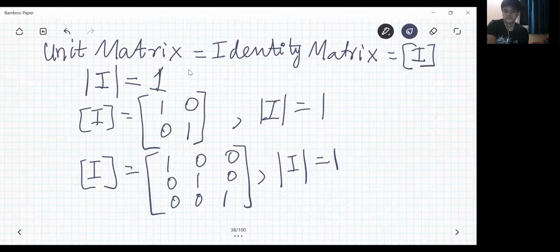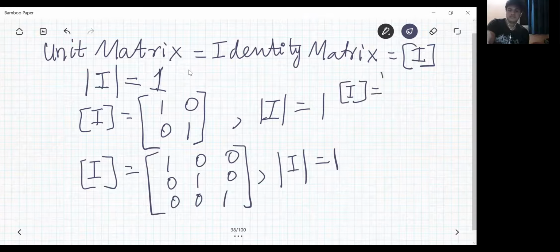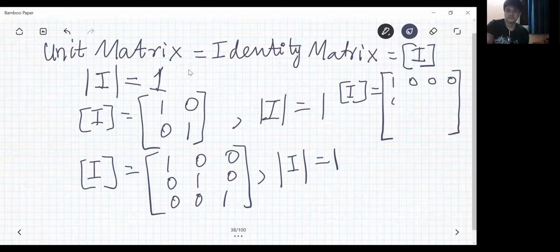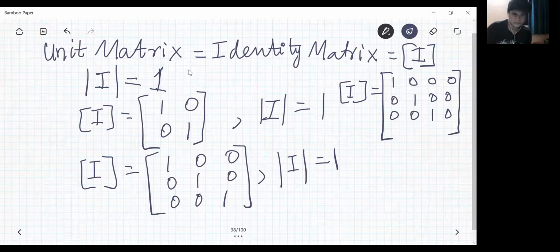Similarly, we can have I is equal to 1, 0, 0, 0, 0, 1, 0, 0, 0, 0, 1, 0, 0, 0, 0, 1.